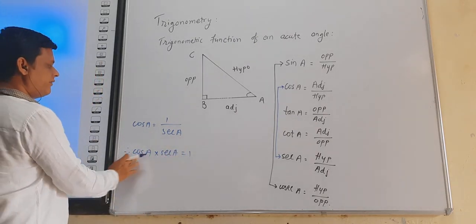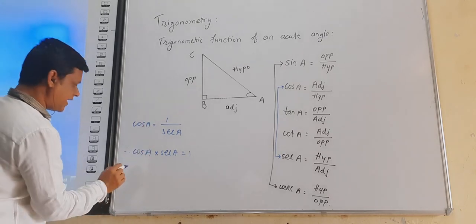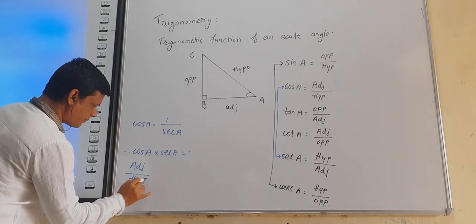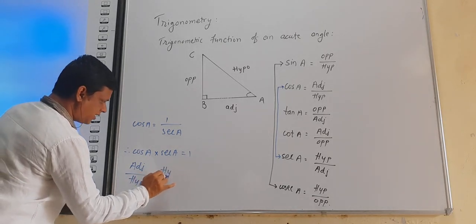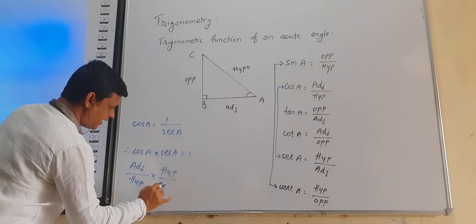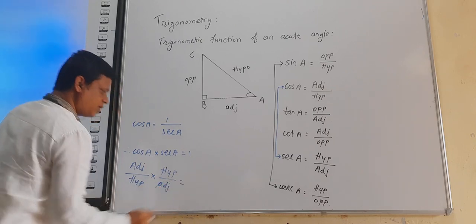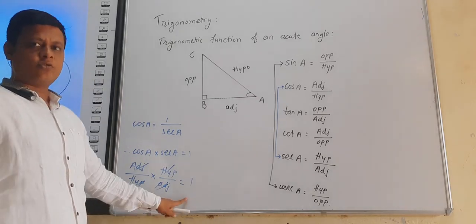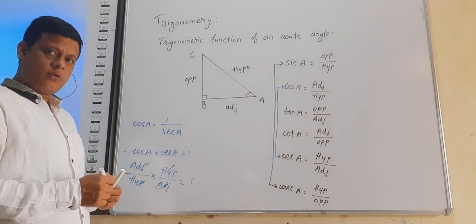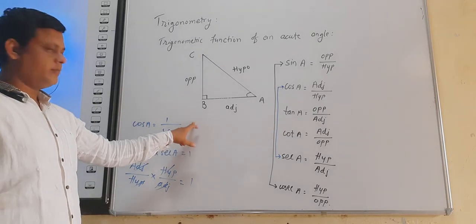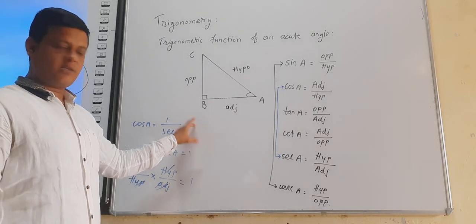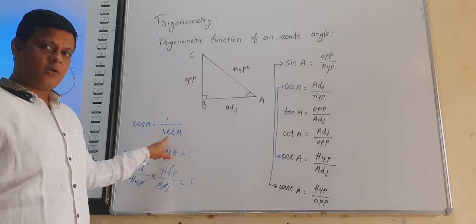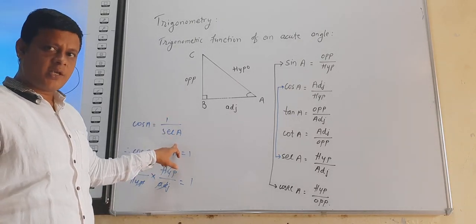If we replace the value in terms of ratio, cos A is adjacent upon hypotenuse, into sec A, hypotenuse upon adjacent, which is equal to, after cancelling, the value 1. That means LHS equals RHS. So you use this in class 10 for proving some properties. Sec A equals 1 upon cos A, or cos A equals 1 upon sec A.